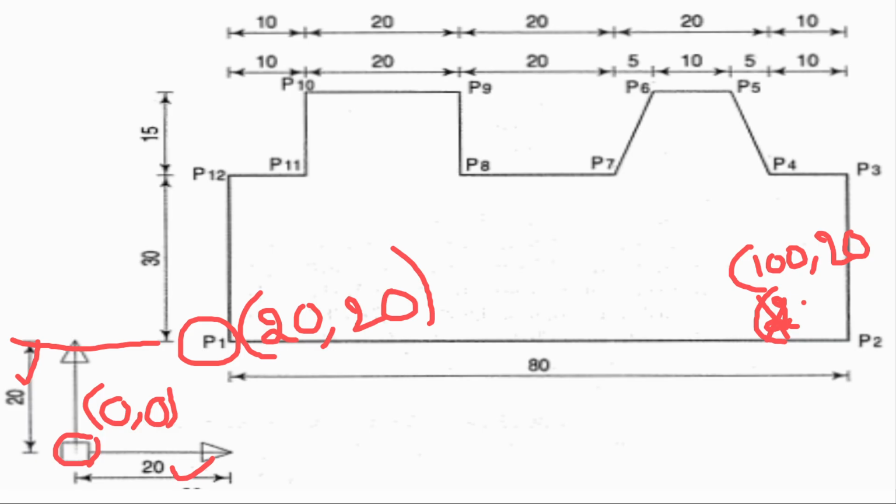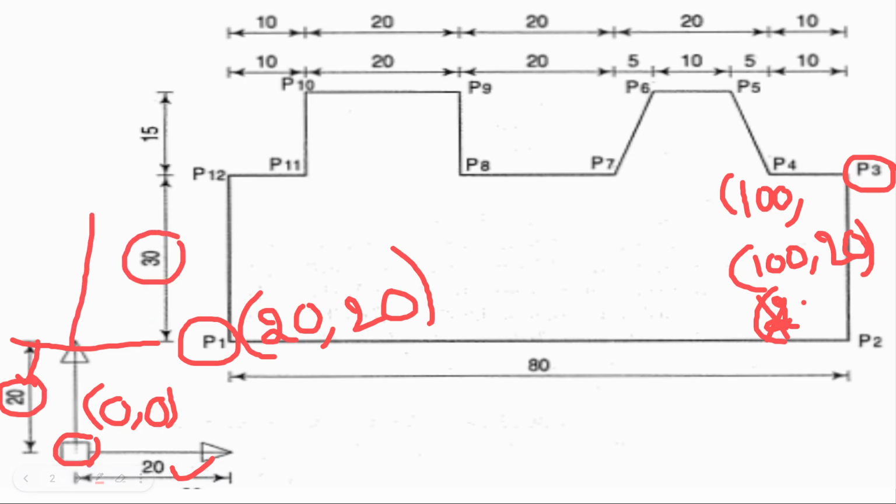Now, if I consider the P3 point, P3 is at a distance from the origin which, if we see along the x-axis, is 80 plus 20. So P3 coordinates are 100, and if we see the y direction, P3 is at a distance of 20 plus this is 30.